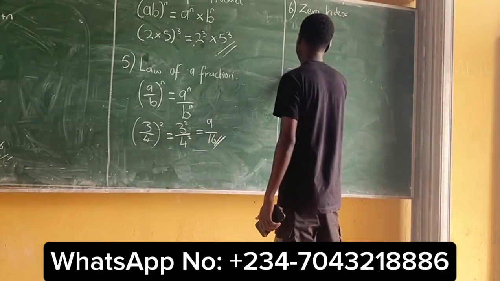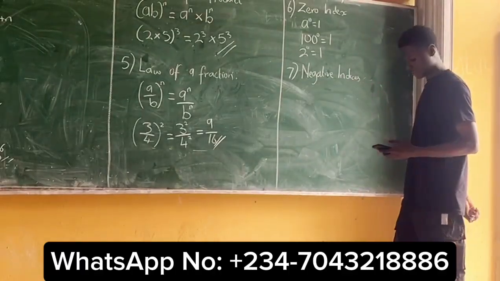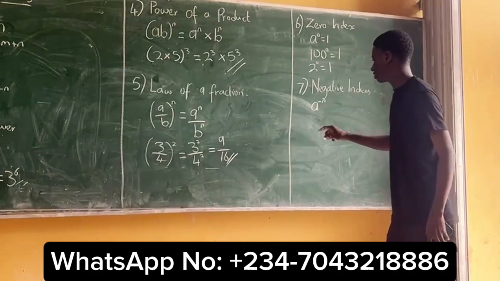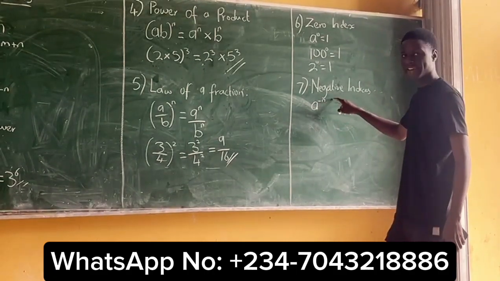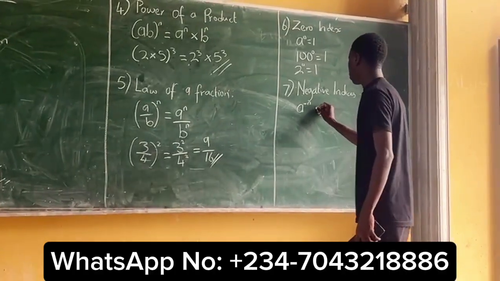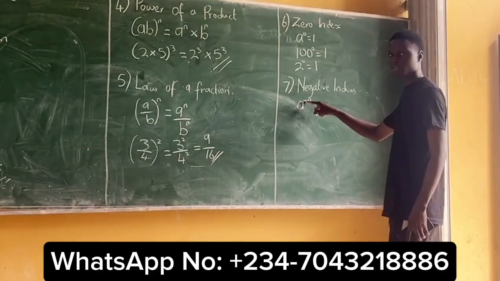Looking at the next, we have the negative indices. This law states that if you have a problem such as a to the power of negative n, what you have to do is change this to a fraction by introducing 1.